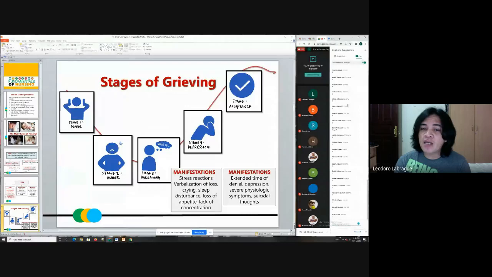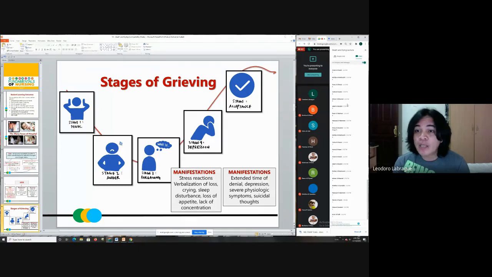However, there are some manifestations of grieving which are considered not healthy. For example, extended time of denial. The patient has already been diagnosed several years ago with diabetes, but until now, the patient doesn't believe that she is sick with diabetes. Extended time of denial, that is not normal.